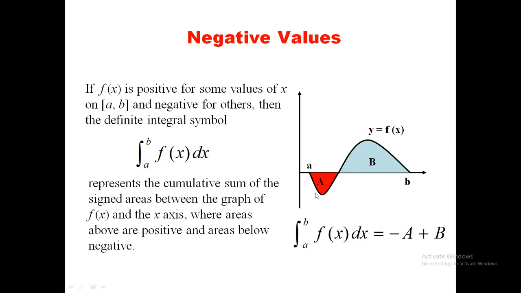Why? Because when you evaluate this particular integral, your answer will be negative. And there is no area that is negative. So to make it positive, you have to place a negative before it. This one automatically becomes positive because it's above the x-axis. So it's important that you specify the areas. It has to be signed areas. Above is positive, below is negative.